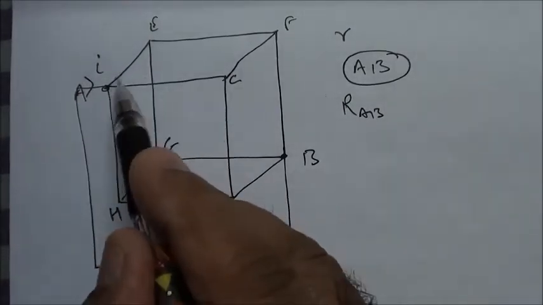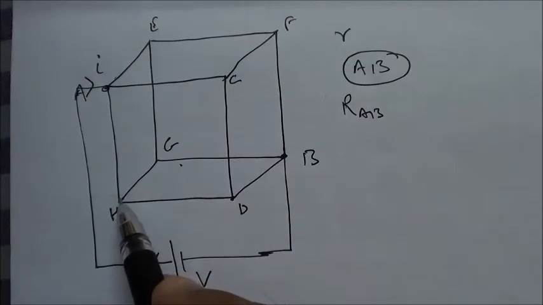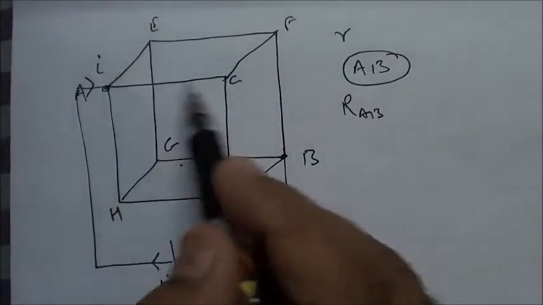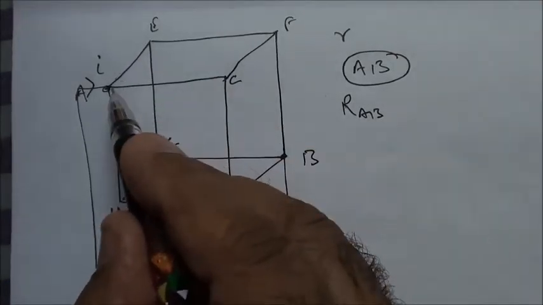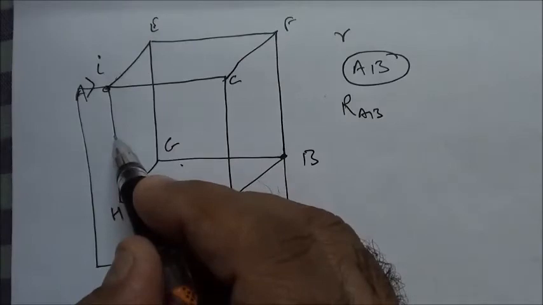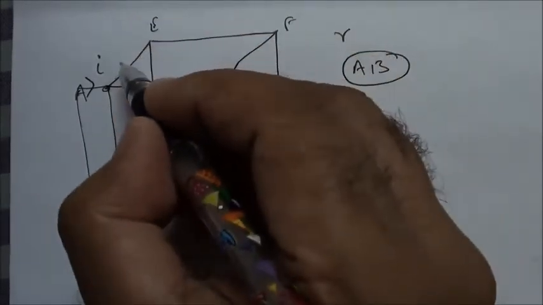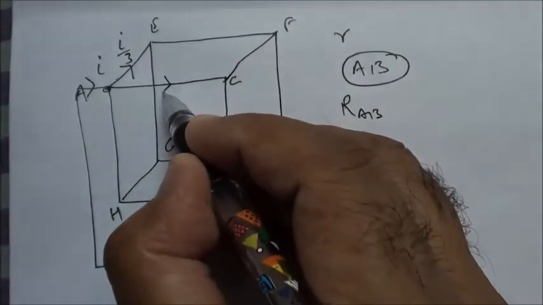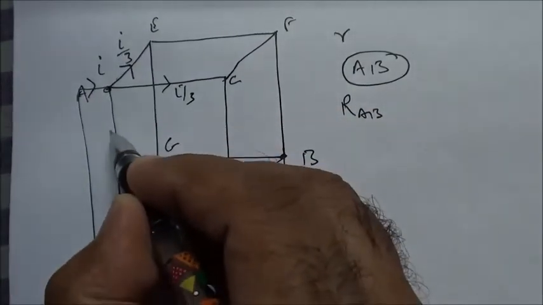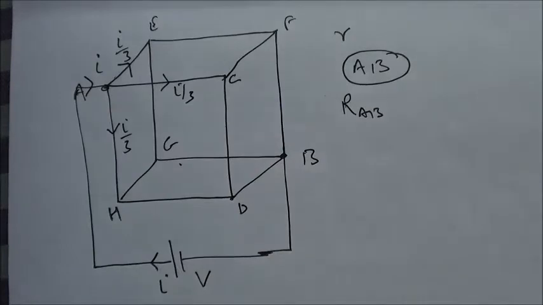Whether we take this path or this path or this path, we face equal resistance. So for current, all three paths are the same or symmetrical, and the current will be divided equally.